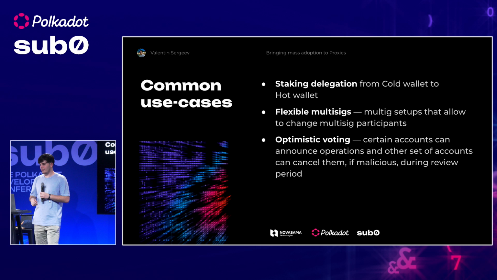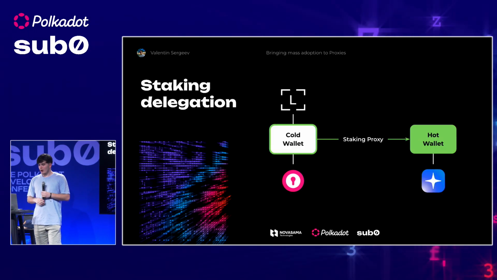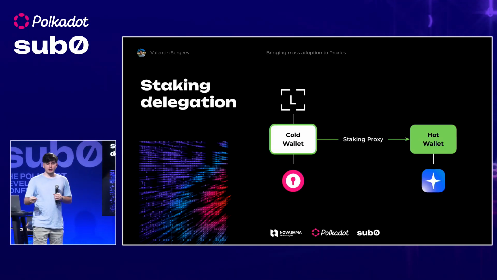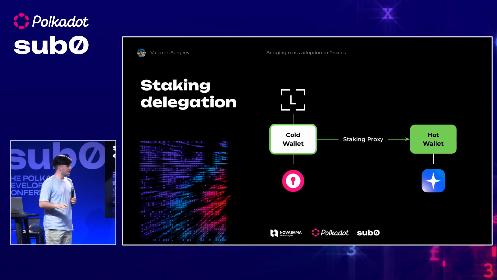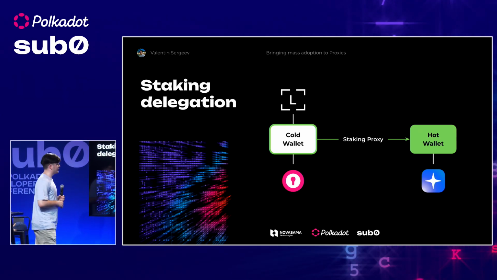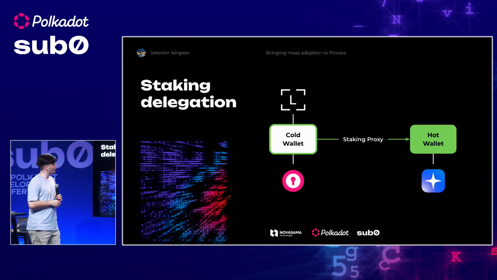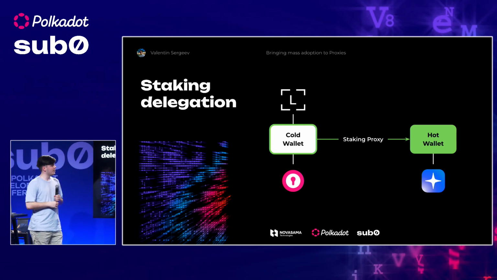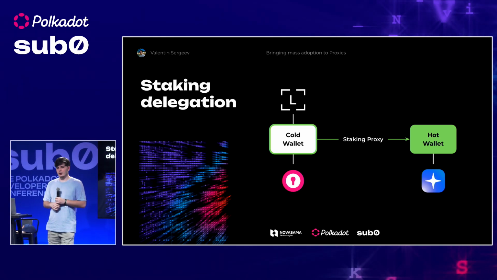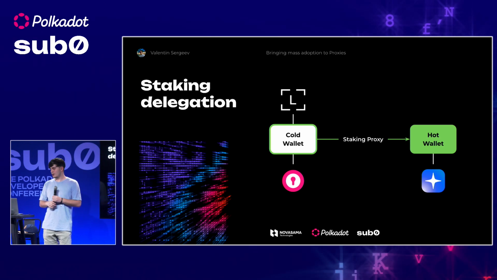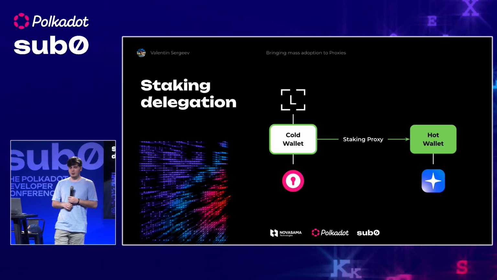So let's start with staking delegation. Let's imagine you have some cold wallet where you store all your millions of dots. It's a Ledger or Polkadot Vault or probably other cold wallets out there. And then you have a hot wallet, which is Nova, Talisman, or other wallets available for you to use.